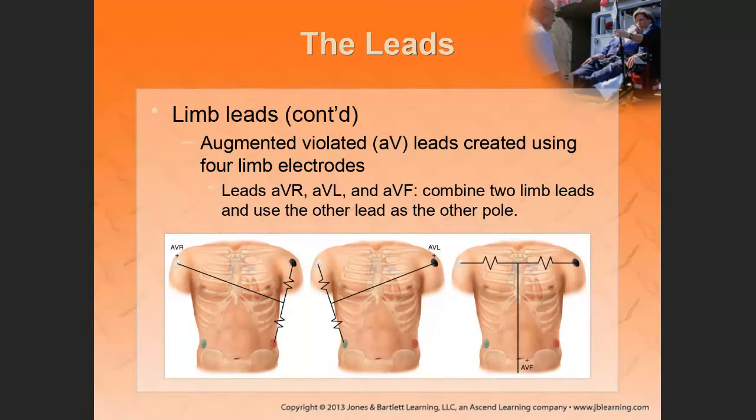Now, what happens with AVR is the current from the left arm and left abdomen or left leg combines and then redirects the current to the right side. So the right side now becomes positive, and at this time we now have a camera on that side, right?